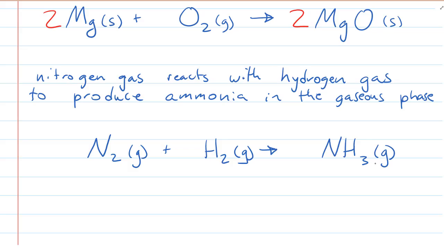The next strategy, number 2, is to use least common multiples between two numbers. If we look at hydrogen, we see two hydrogens over here. How many over here? 3. The least common multiple between 2 and 3 is 6. So if we want to make 6 hydrogens on the left, what number do we need in front of the H2? 3.